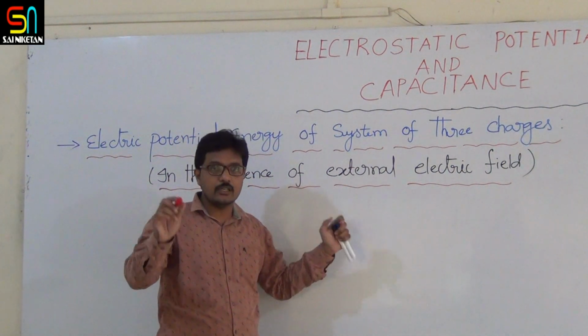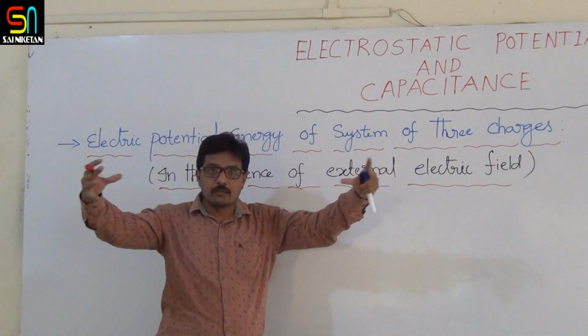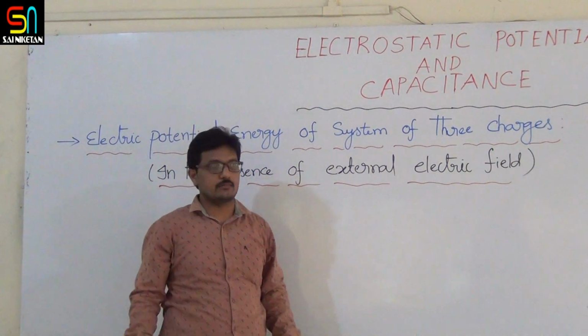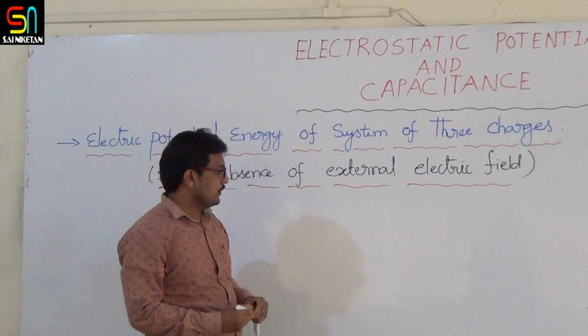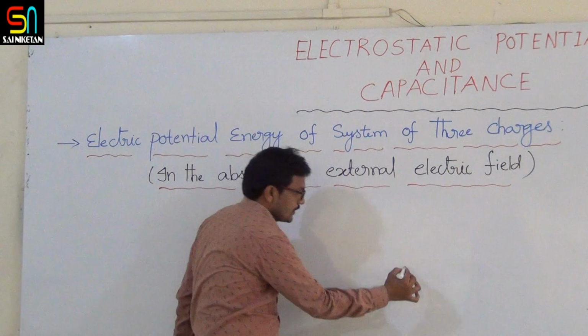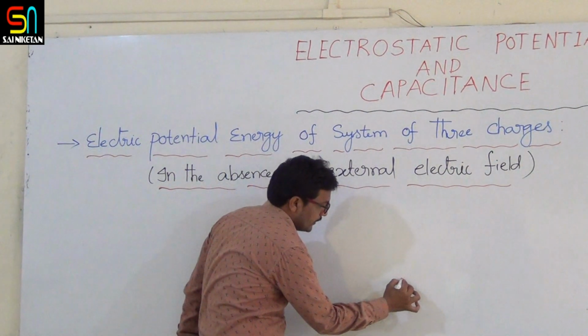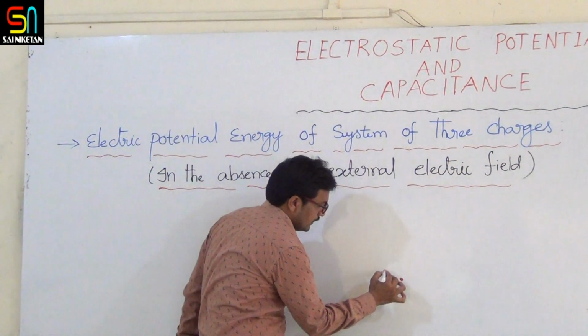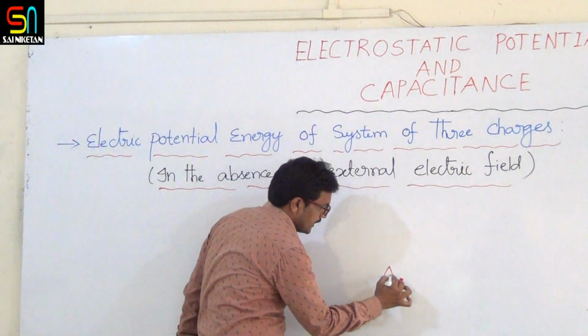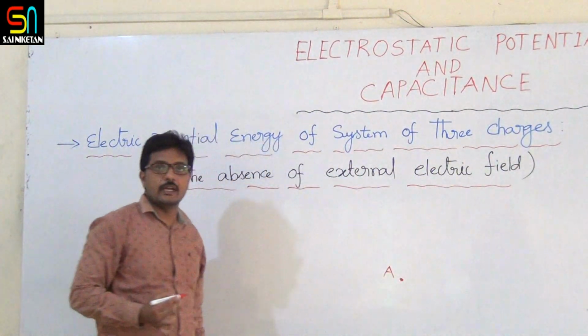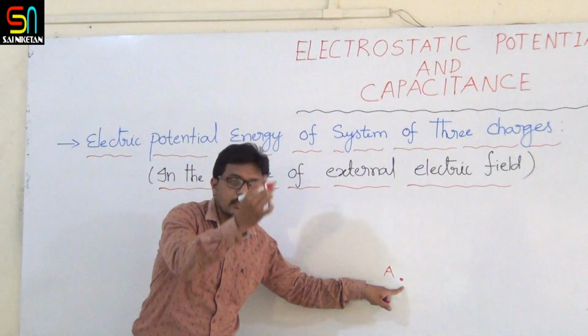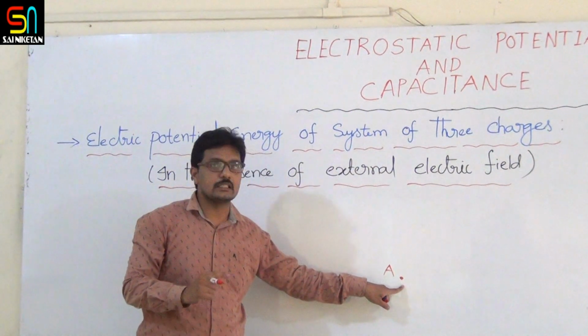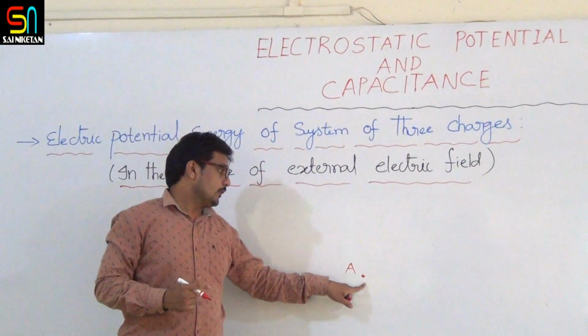Without an electric field, we are going to assemble three charges. Then we bring a charge from infinity to the given point. I am taking the point as A. At point A we want to bring one of the charges, Q1.